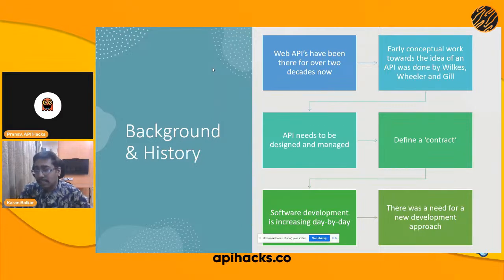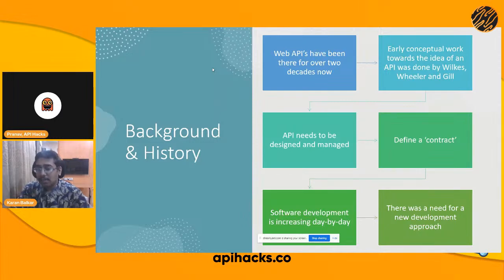A contract basically is like an agreement between two parties, or, in the case of software projects, maybe a group in a team. So this contract has to be defined, of course. Then software development has been increasing ever since this technology came into existence.